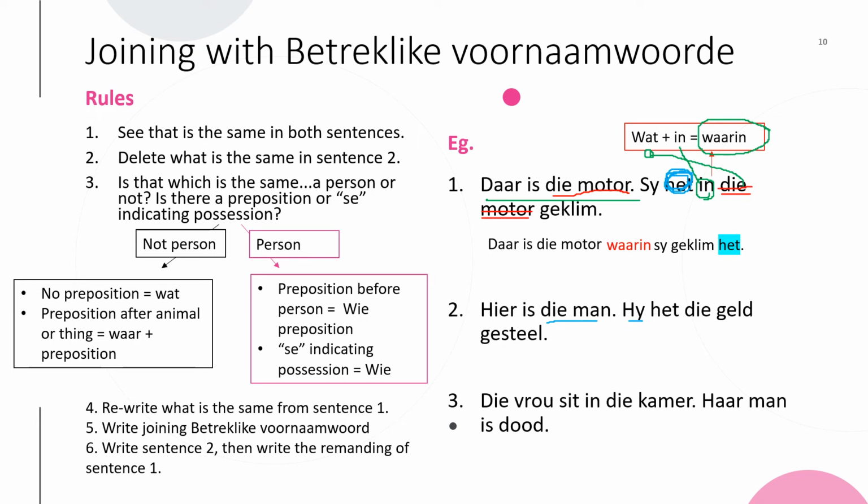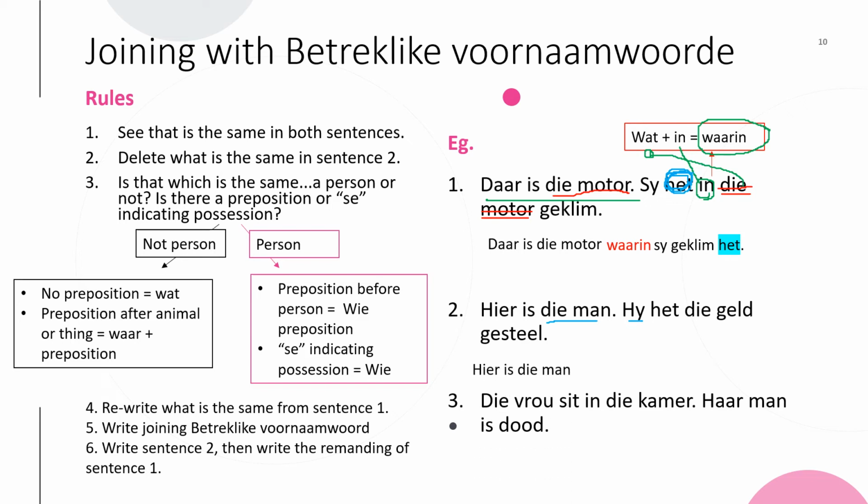If there is a preposition before the person, we use wie. There's no preposition there. If there's a se after it, we use wie. There's no se after it. So we are going to use wat. Hier is die man.